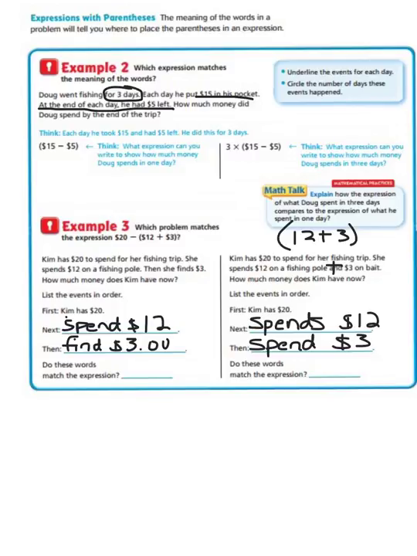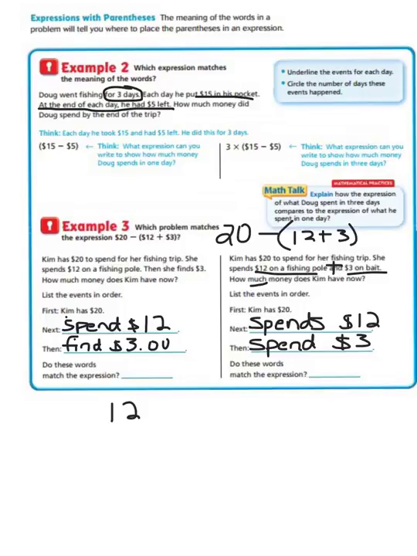So let's see. If we do this, we have to take and see the order. So this is what she's doing together. She's spending $12 on a fishing pole and $3 on bait. But she starts off with $20, right? Over here on this side, she spends $12, but then finds $3.